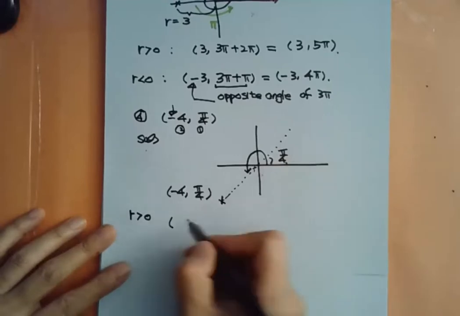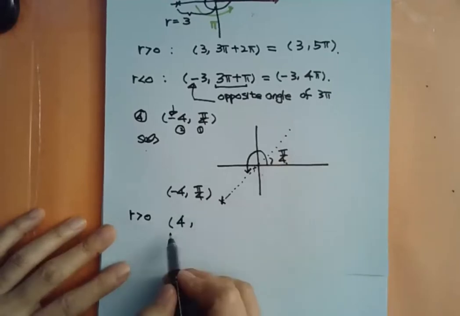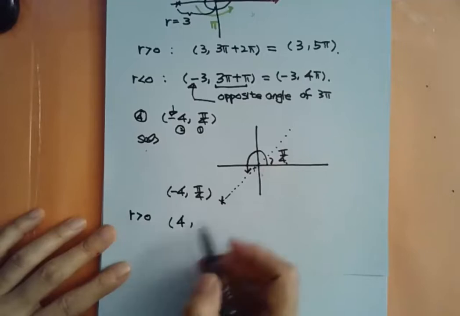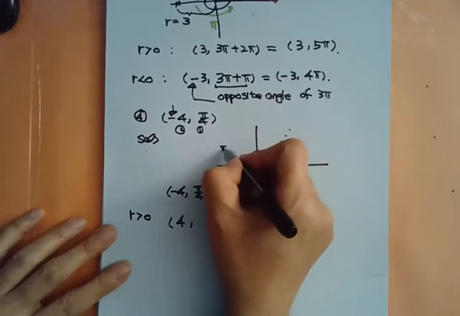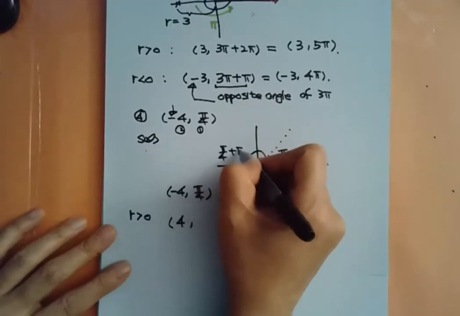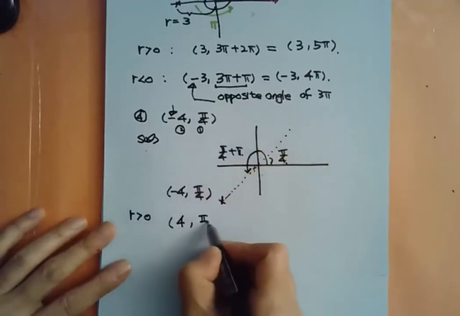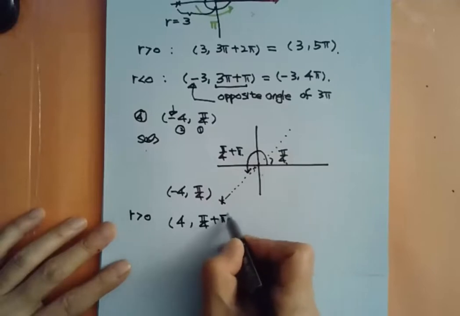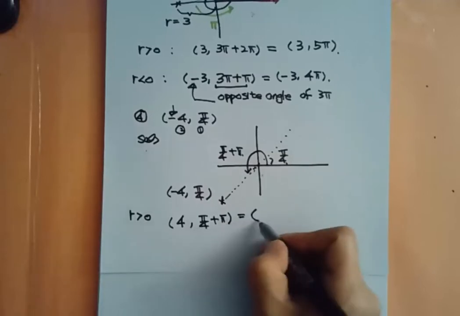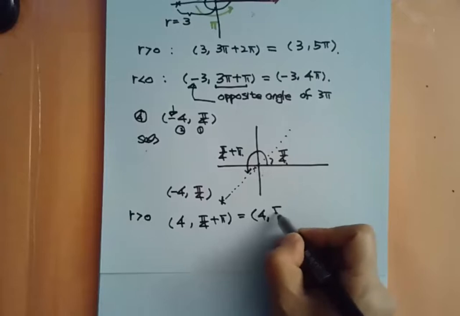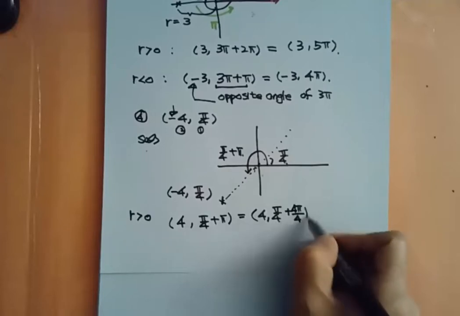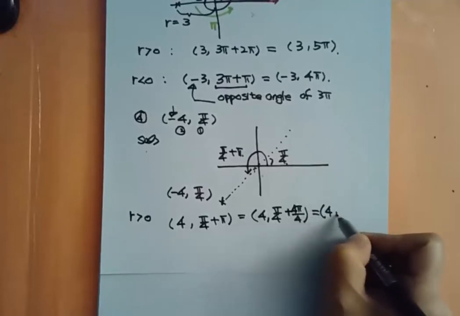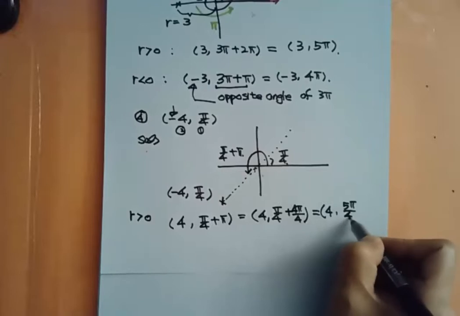And so after we write the positive r, 4, we will write this angle. This angle is pi/4 plus pi, right? And so that becomes 4, and pi/4 plus 4 pi/4. And so that is 4 and 5 pi/4.